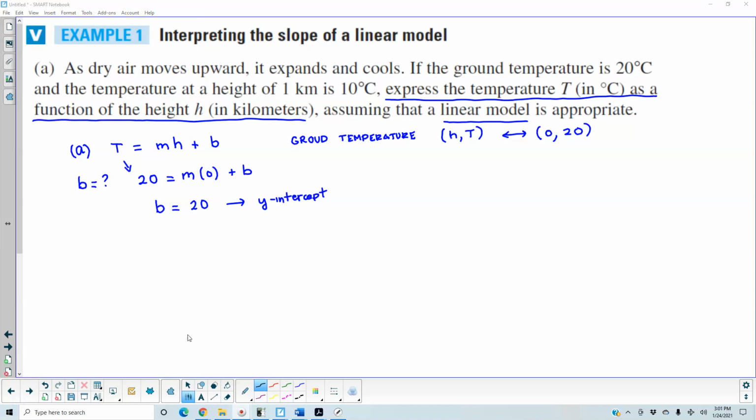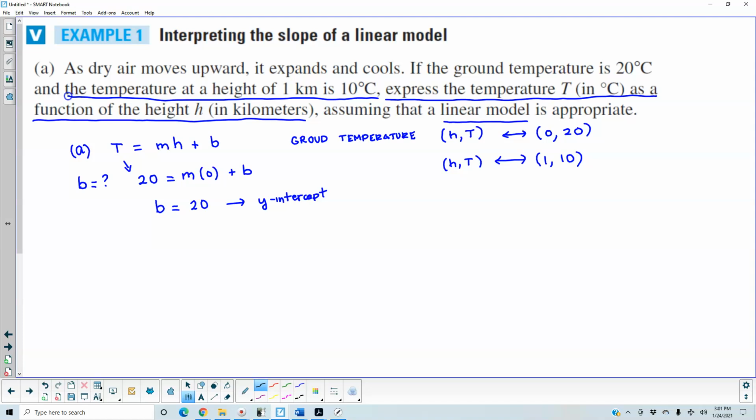Now we also have a second point. It's telling us that the temperature at height 1 kilometer is 10 degrees Celsius. So that means that we have another ordered pair that tells us when the height is 1, the temperature is 10 degrees.